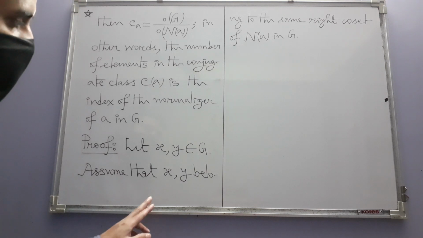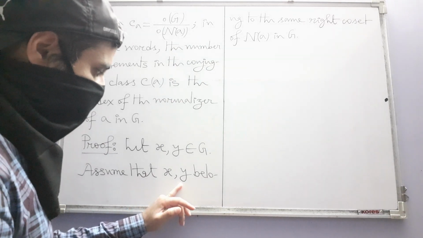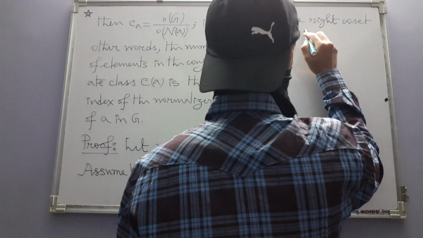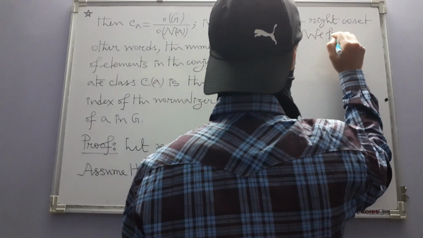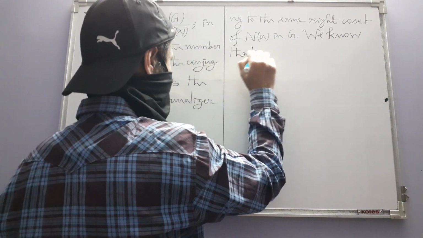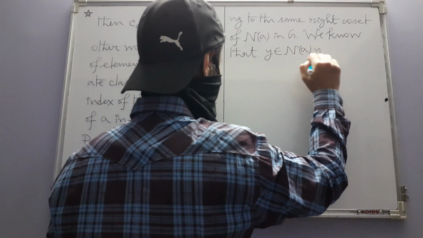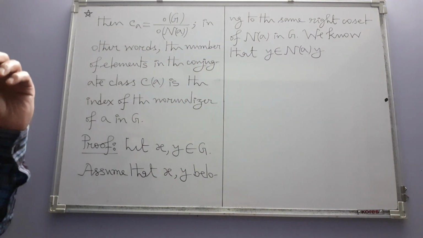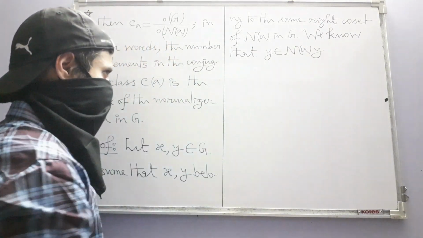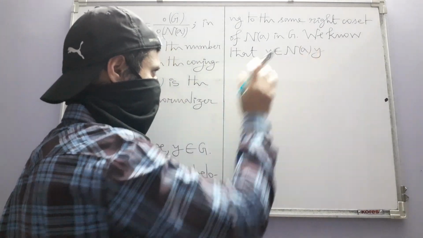So we already know precisely the right coset of N(A) in G where we have the element y. What is that right coset? We know that y belongs to this right coset N(A)y. And what is the reason for that? The reason is N(A) being a subgroup has the identity element, and you know the structure of every element in N(A)y.